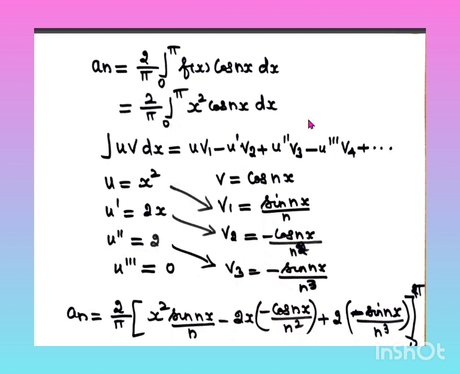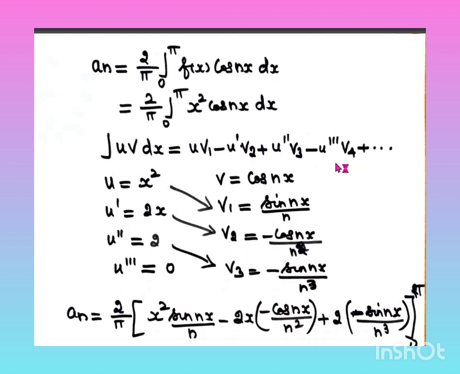In the previous videos, many times I explained how to solve this when there are two terms using Bernoulli's formula. So integral u v dx is equal to u v1 minus u dash v2 plus u double dash v3 minus u triple dash v4 plus etc.